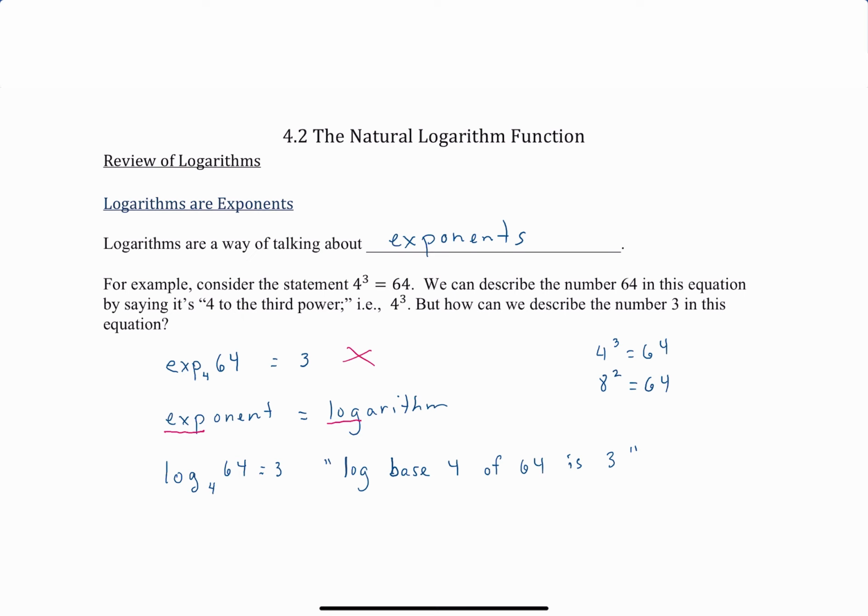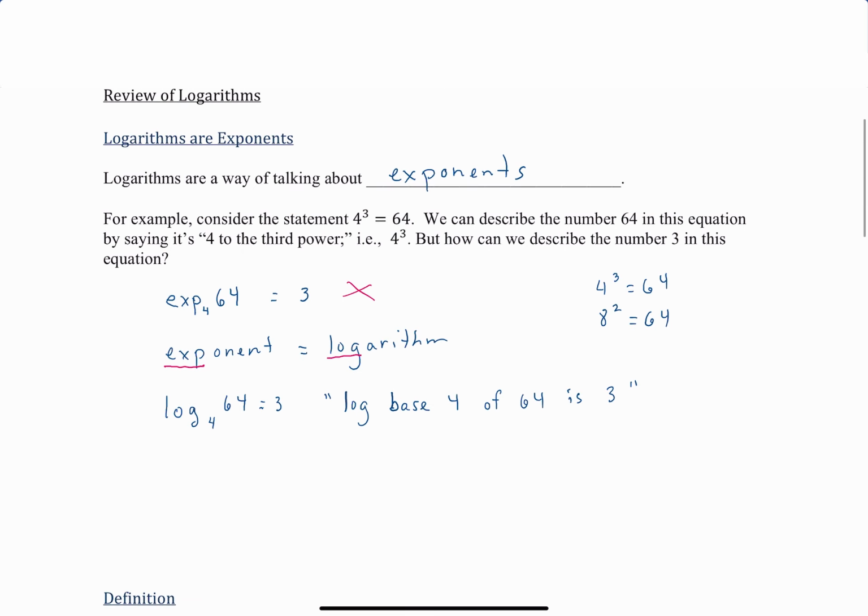Notice that the word base applies in both ways of describing this relationship between 4 and 3 and 64. In the exponential statement, 4 cubed equals 64, we say 4 is the base. And that's why in the equivalent statement that's talking about the exponent, in other words, the logarithm, we say 4 is the base.